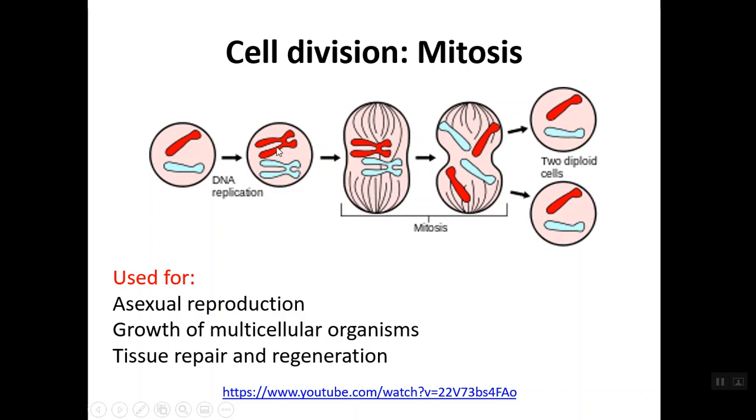So you have replication, so each chromosome duplicates, and then each of these chromosomes can split after duplication, and each representative from mom and dad will go in each daughter cell. Note that in this division, you never see two blue chromosomes going on one side and two red going on the other.